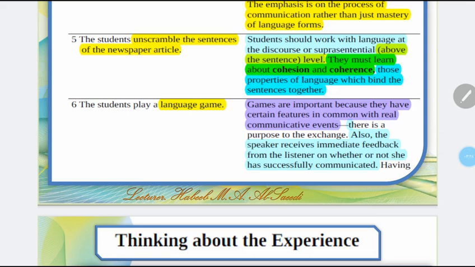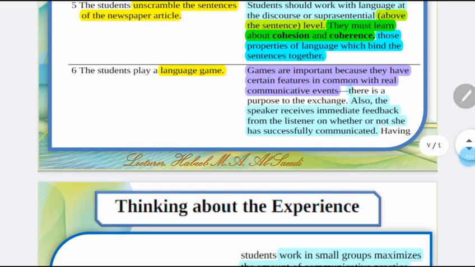And they must learn about cohesion and coherence, these properties of language which bind the sentences. So cohesion and coherence are the connectors, the bind that we use to connect sentences to each other.